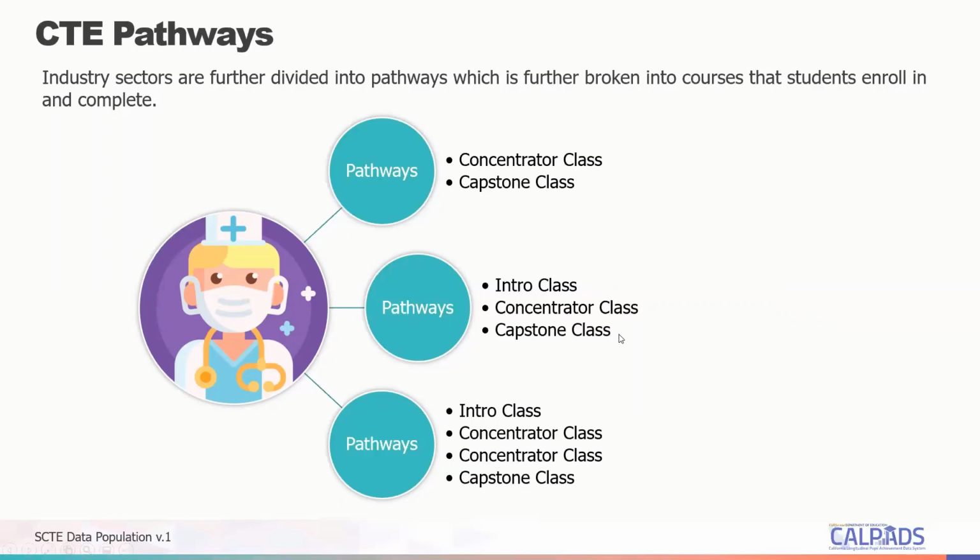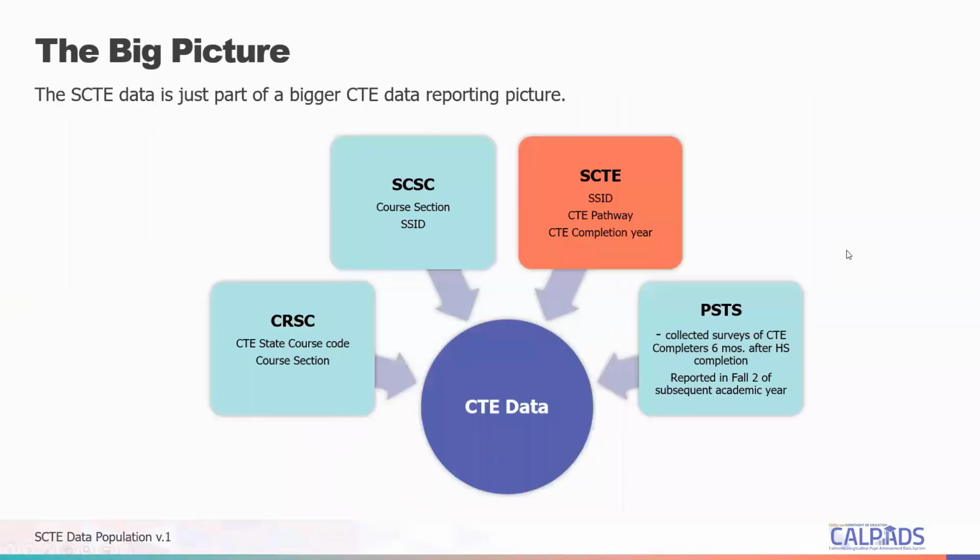as a CTE completer. The SCTE data is just one part in a bigger CTE data reporting picture. Students enrolled or completing a pathway will also require the CRSC and the SCSC records. The CRSC will contain the CTE state course code that is associated to the pathway, and it also contains a course section ID.